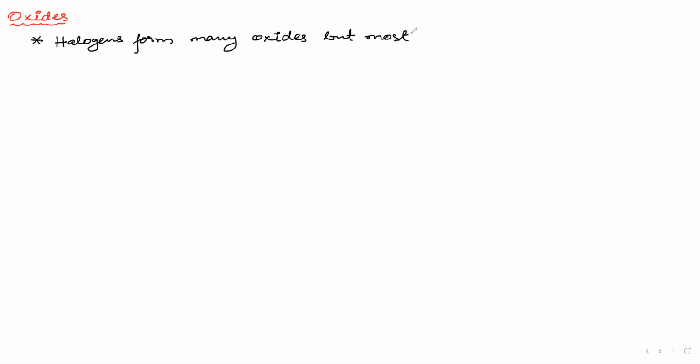Oxides. So there is a remark, and there is one point in the remarks of oxides that is important. Other things are not very important. Please write this with me. Halogens form many oxides, but most of them are unstable.